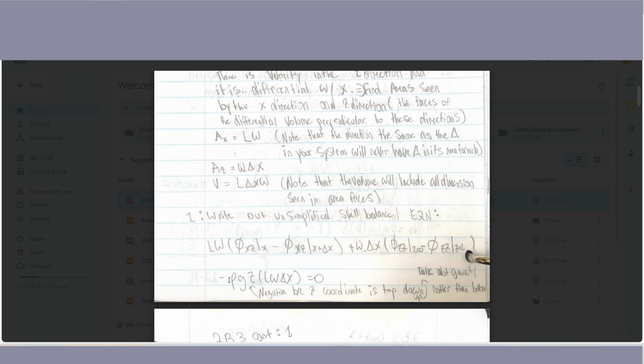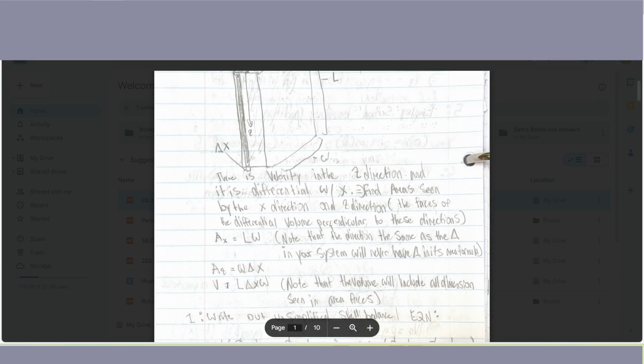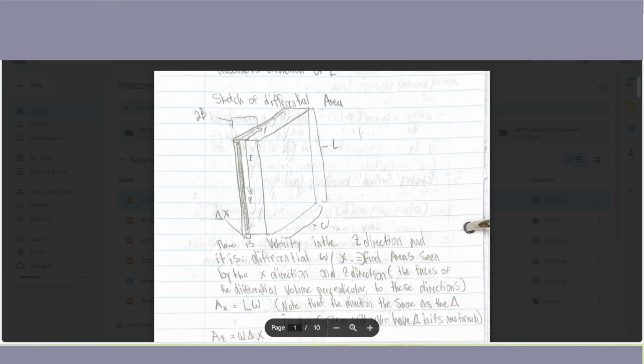So now we're just doing our shell balance. It's momentum in minus momentum out plus gravity equals 0. But in this case, it's negative gravity because the coordinates are from top down.